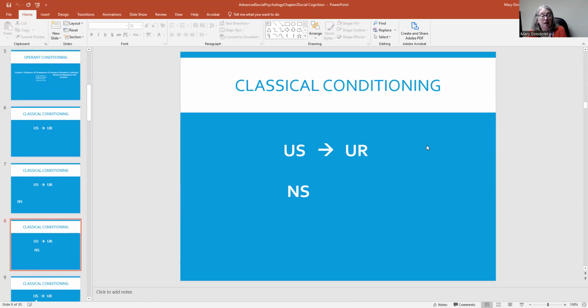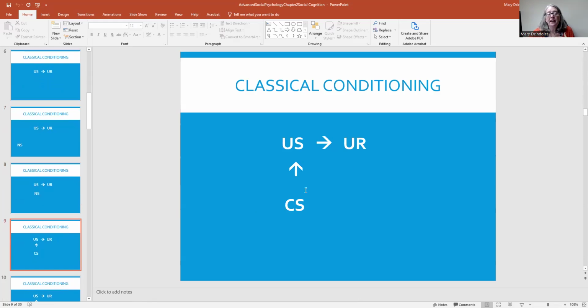If we pair these neutral stimuli with the unconditioned stimuli, so we ring a bell and then give the dog some food, the dog will salivate. Ring the bell, then give the dog some food, the dog will salivate. If we do this a number of times, this neutral stimulus, we're changing it into a conditioned stimulus.